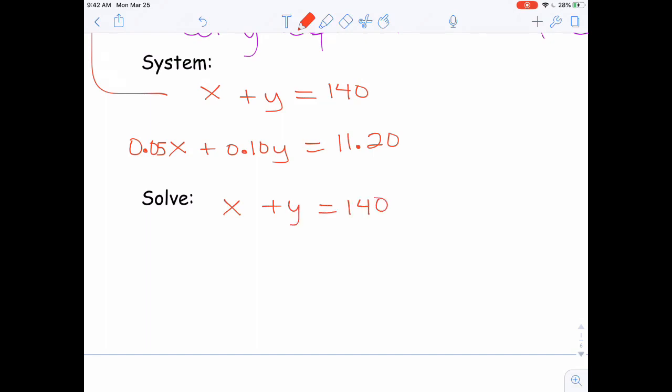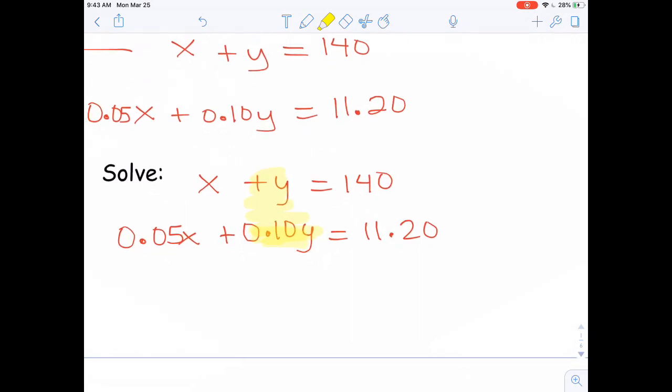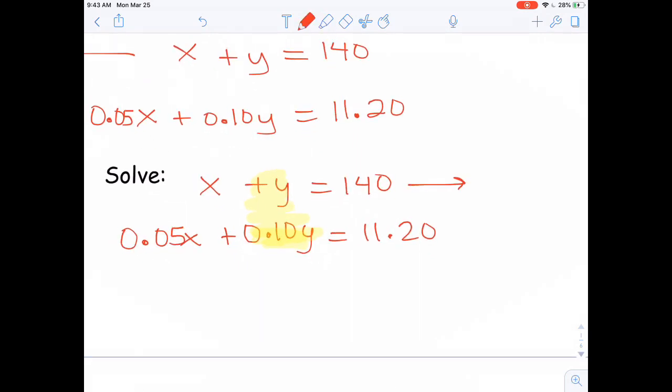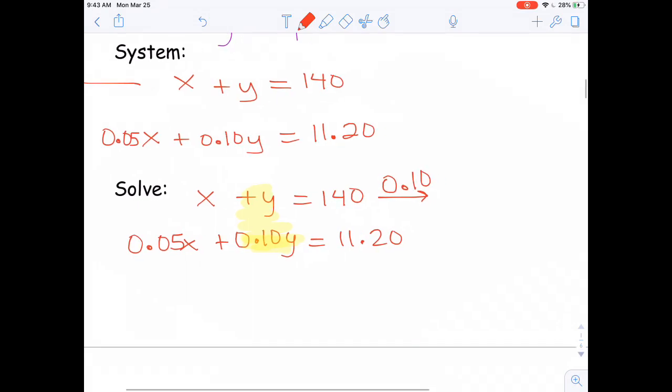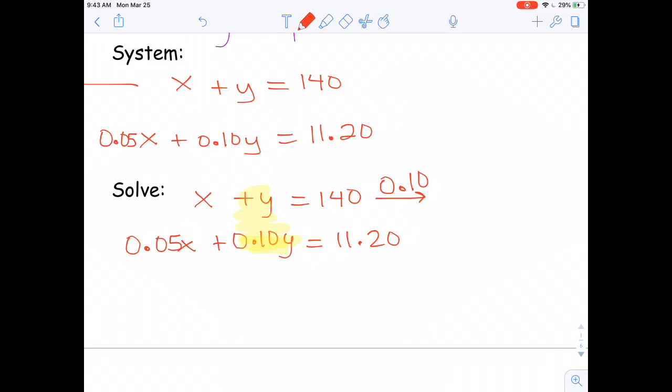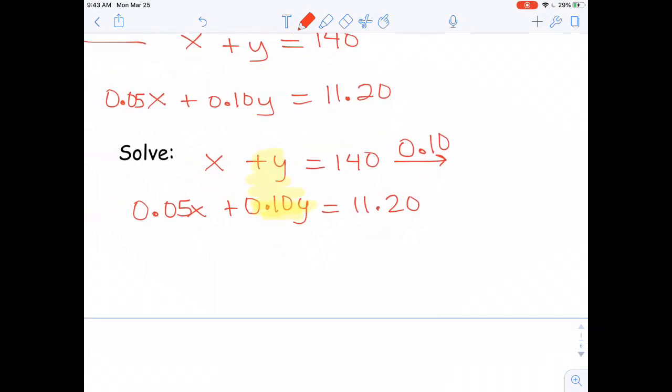We need to make sure the y coefficients match up. We're going to eliminate the y's, so I'm going to multiply the top equation by negative 0.10, since one of them is already positive. We keep the other equation the same, so that's times 1.